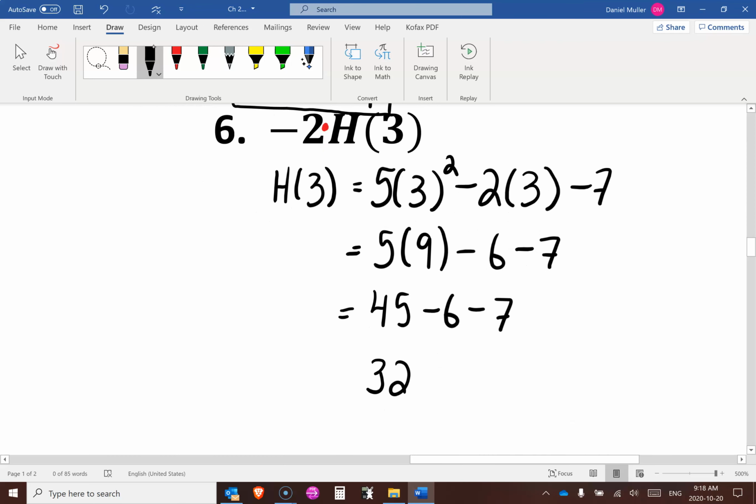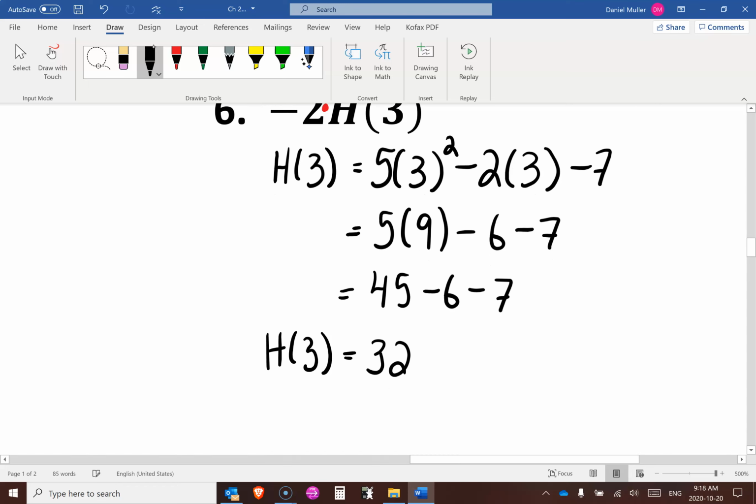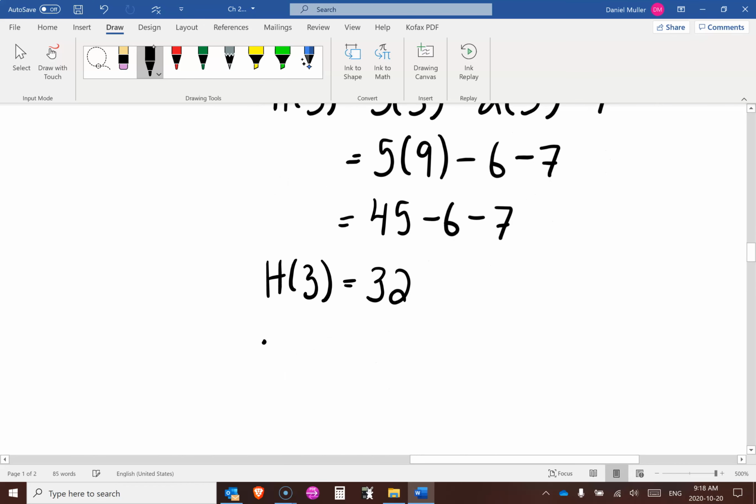Now I didn't need to just find that. That is this h of 3. What I needed to do, though, is -2. So therefore, I had a -2 times h of 3.